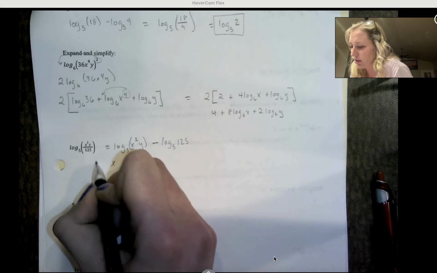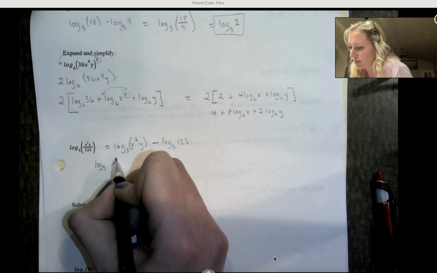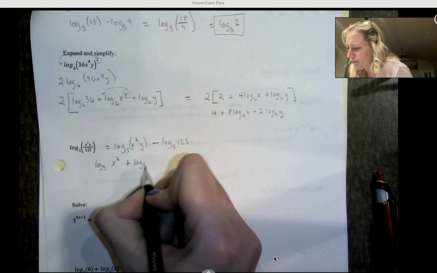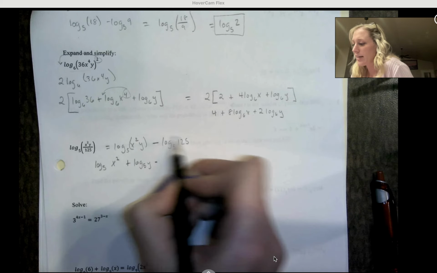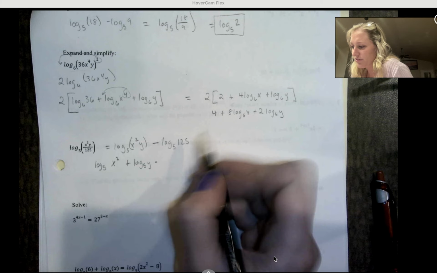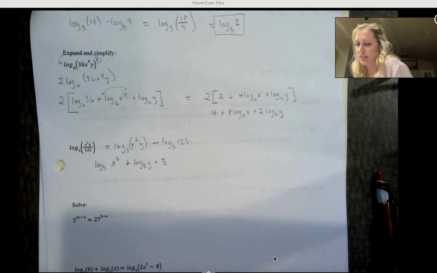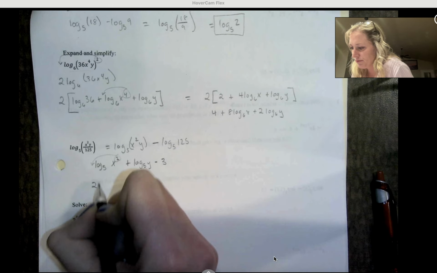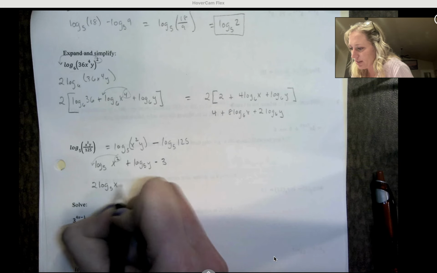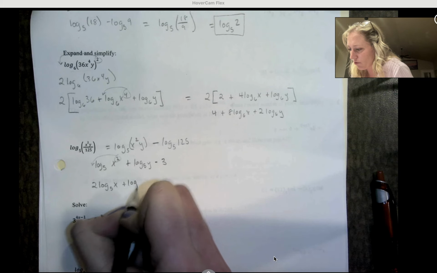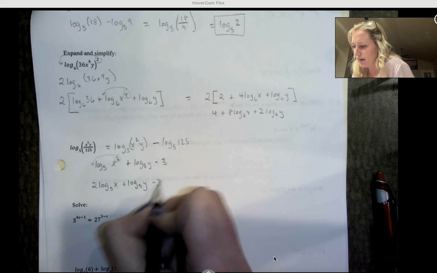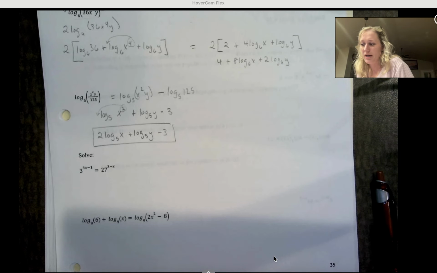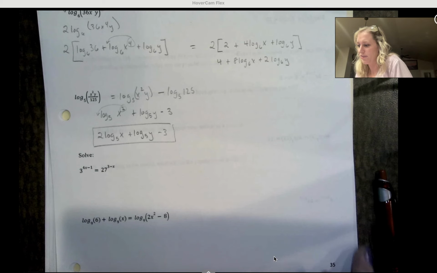So I've got log base 5 of x squared plus log base 5 of y minus, I can evaluate this. 5 to the 3rd power is 125, so I can simplify that. And then lastly, I can bring down that 2. So I have 2 log base 5 of x plus log base 5 of y minus 3 is as far as I can expand.